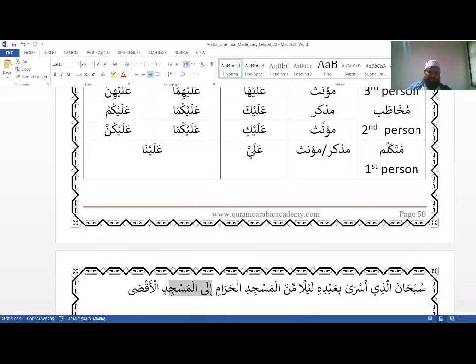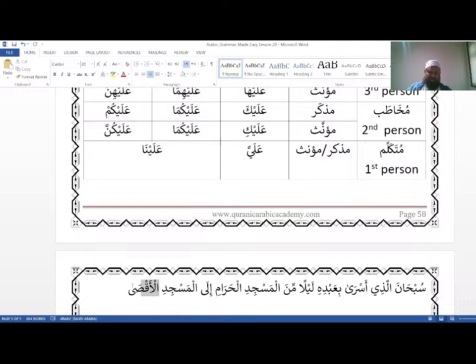إلى المسجد. Again, إلى المسجد, حرف الجر. إلى المسجد الأقصى. أقصى means, again, description ism. So this is sifat. Al-masjid is mawsuf. In the background it is in halatul jar because masjid is in halatul jar.